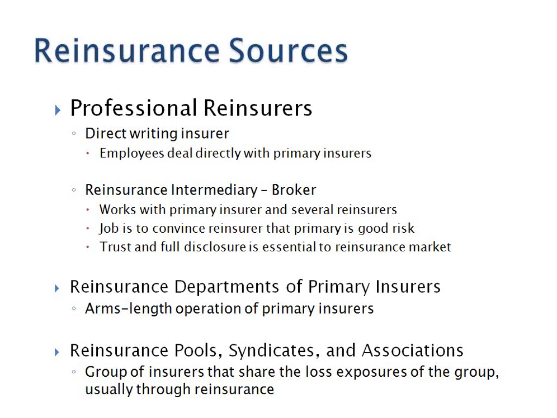They'll work with the primary insurer and several reinsurers. Their idea is that, if we already have the one, they're going to help broker the best deal. They know the client, and their job is to shop the policies, essentially. And the job is to convince the reinsurer that the primary is a good risk. So they're representing the primary in this case. And trust and full disclosure is essential to the reinsurance market.